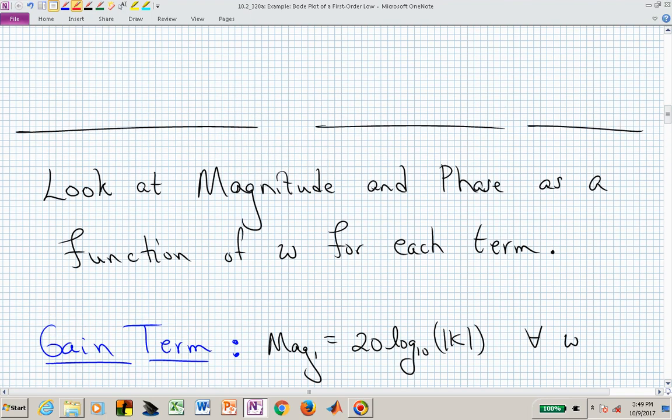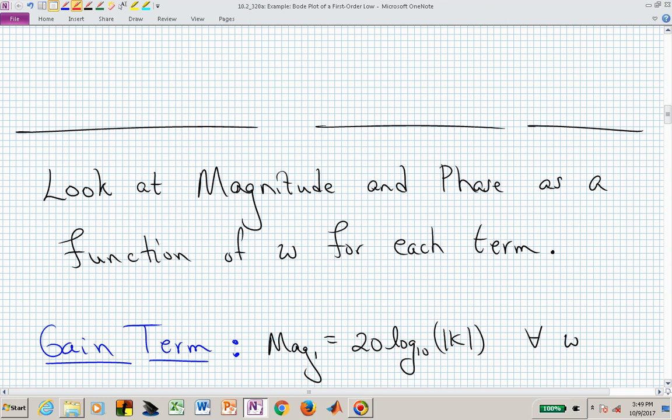We now want to say what's the straight line approximation associated with this term, and in this case we're going to see that K is not a function of frequency, so this is just one value for all omega.